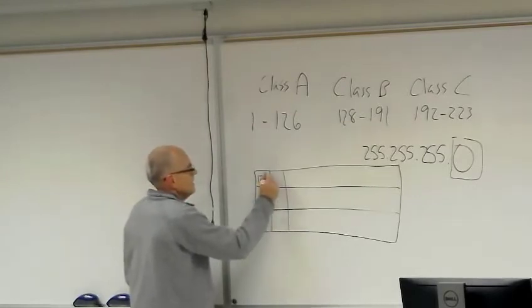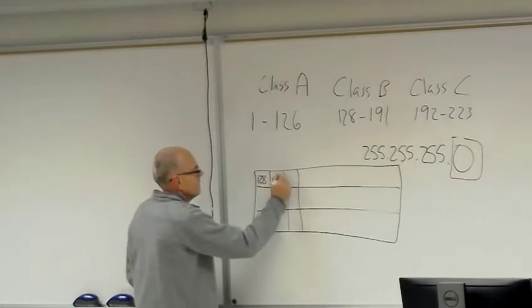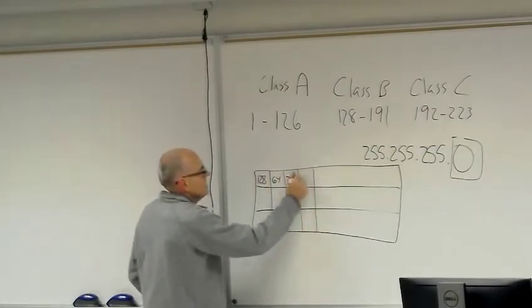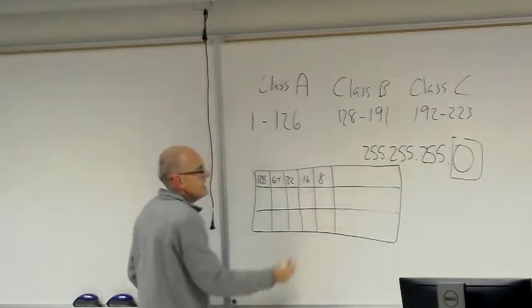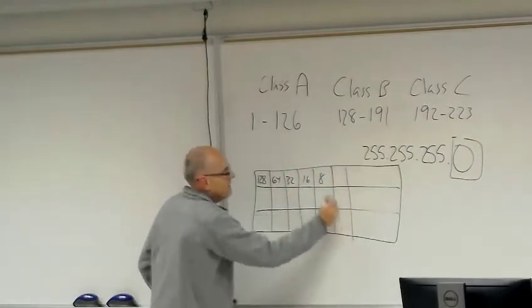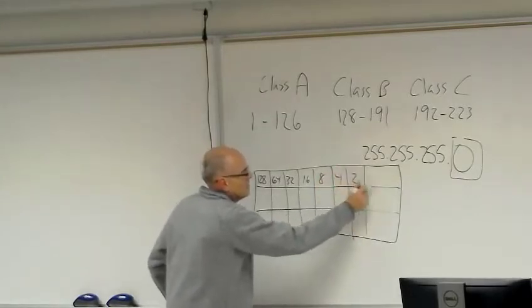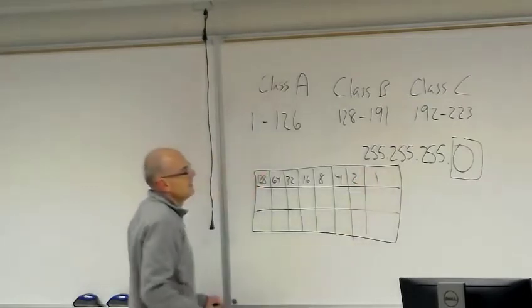Half of that is 64. Half of 64 is 32. Half of 32 is 16. Half of 16 is 8. Half of 8 is 4. Half of 4 is 2. And half of 2 is 1, right?